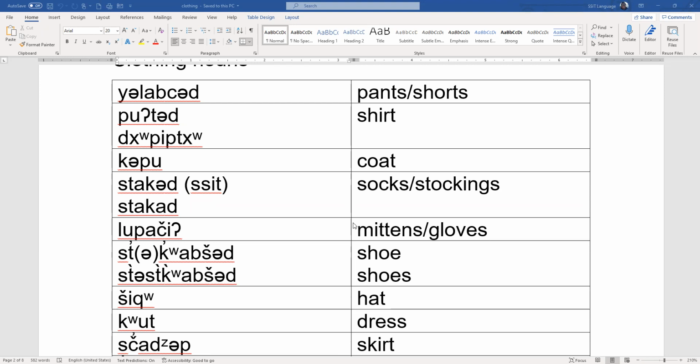Slugwish teed, kaput. I'm trying to glottalize it. Slugwish teed, stuckhead. Language teed stackad.